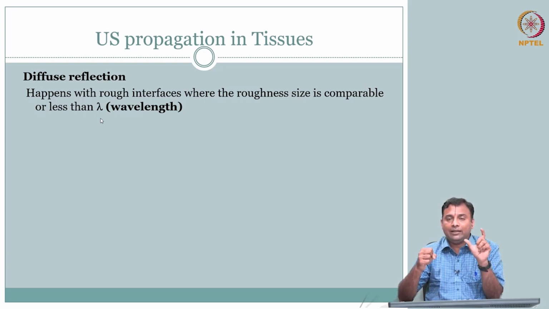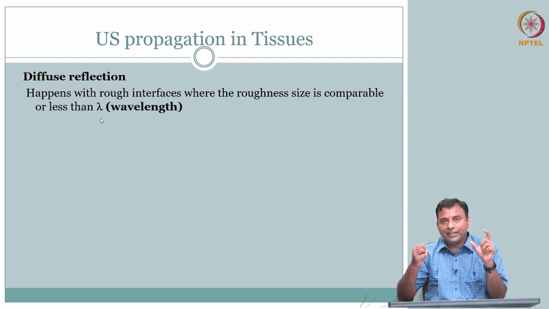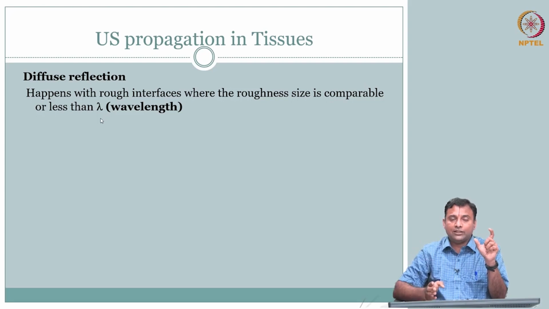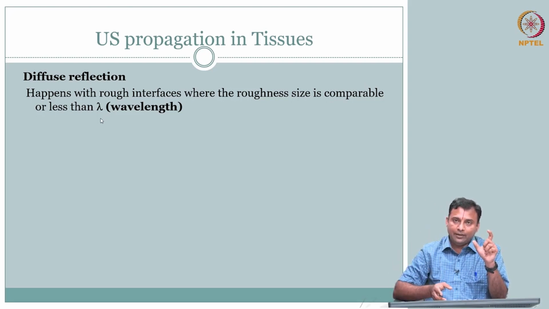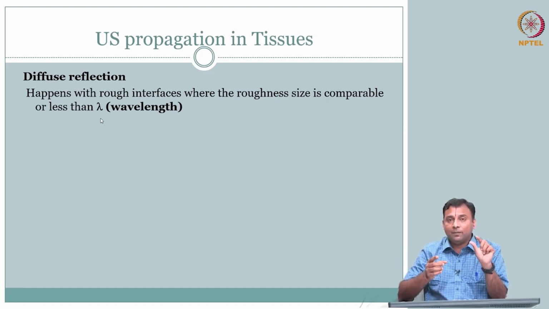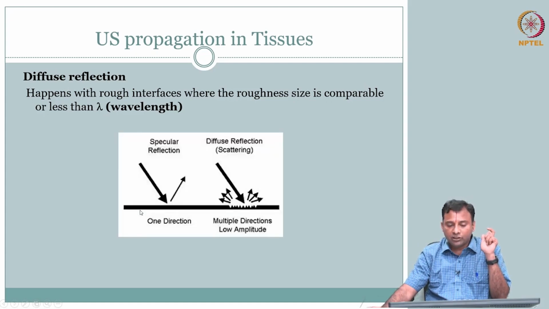Lambda is also a length scale, so the object dimension is less than your lambda. In the smooth interface, the specular case, the interface was much larger than your lambda. Whereas if your object size is much smaller than your lambda, that is the case we call diffuse reflection or scattering.